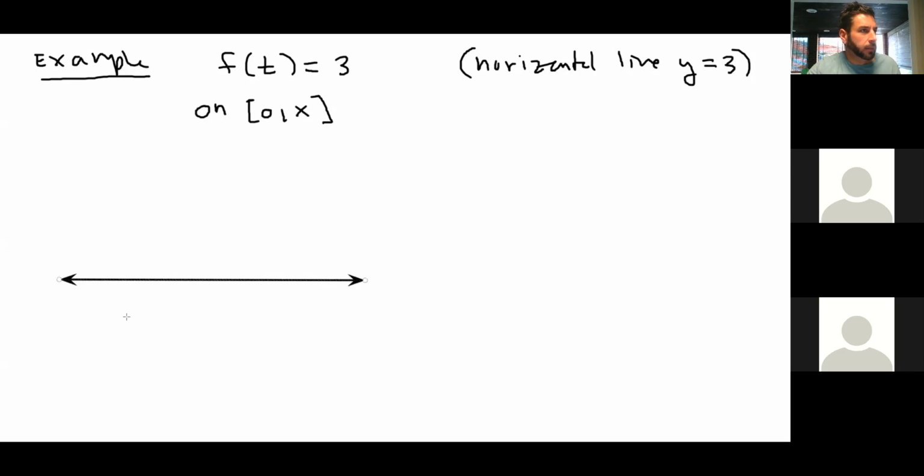Here's my t-axis. Here's my y-axis. So let's put this 1, 2, 3. So let's draw the graph.